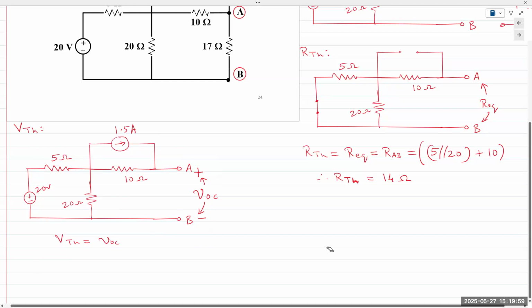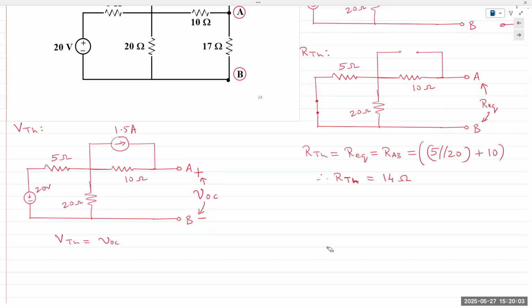So what technique would you choose to solve for VOC? What do you think? There are three primary techniques. You have node voltage analysis, mesh current analysis, and superposition.